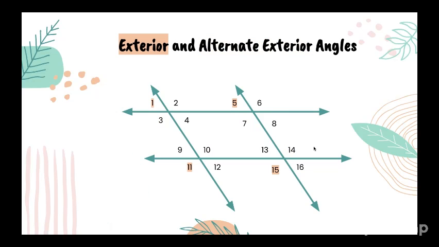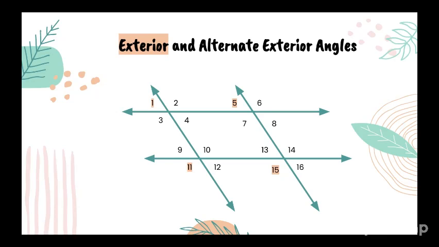Looking at exterior angles. Exterior angles are just the opposite of interior angles. They fall outside of the parallel lines. There are similarities between exterior and interior angles, and one similarity is that they both fall on the same side of the transversal. So right here is our transversal, and both angles that are highlighted, 1 and 11, fall on that same side.